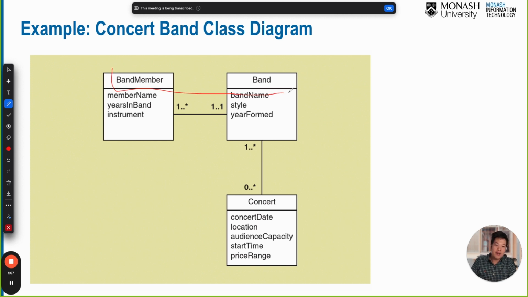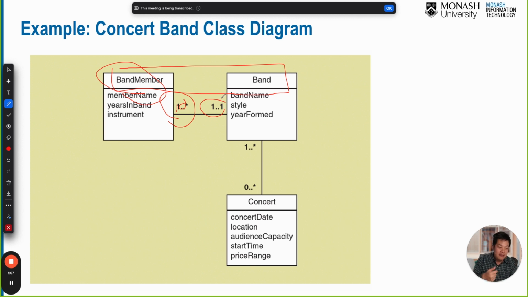Now we're gonna look at the band member and the band, okay? So one band can have one or more members. The band cannot exist without a band member, so they need one or more. But at least one band member can have a band already. So that's why one and only one can have a band.